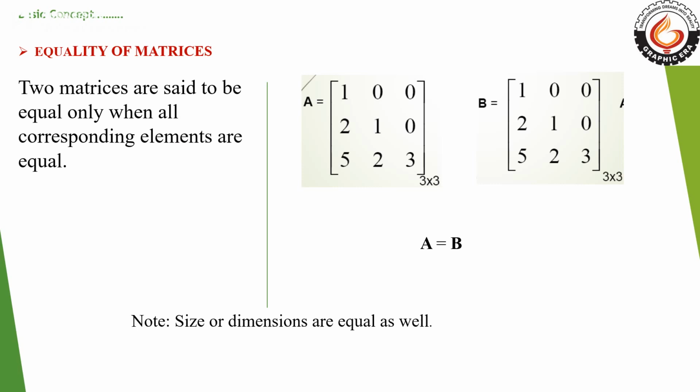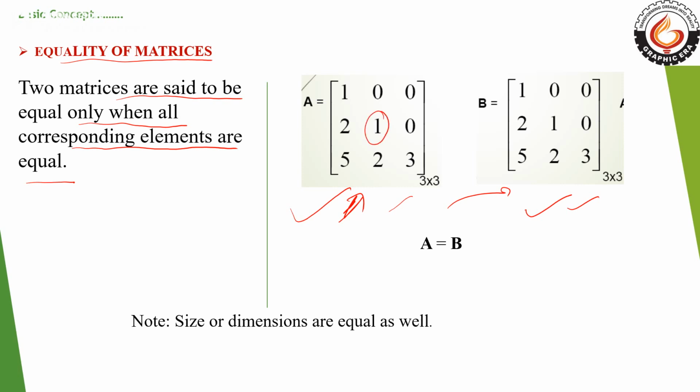Now the equality of two matrices. Two matrices are said to be equal only when all the corresponding elements are equal. For example, if we have two matrices A and B, A is of order 3 cross 3 and B is also 3 cross 3, then the position of each element in A is the same as the position of the element in B. Suppose we take an element A23 or A22, the same element is in the B matrix at 22 and 23.